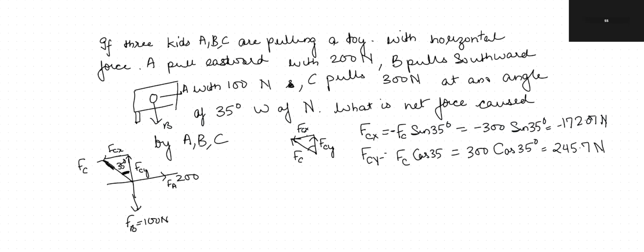Okay. So net force in x direction is equal to FCX plus FA. Okay, in x direction, the horizontal component of FC and FA, there is horizontal component of FB is 0, so we don't take it.